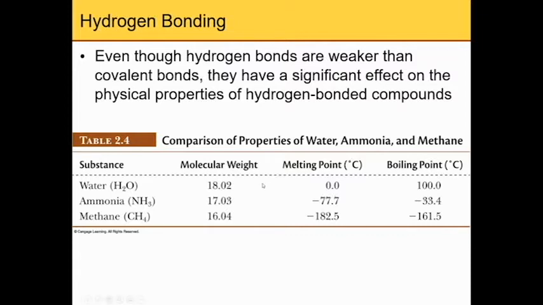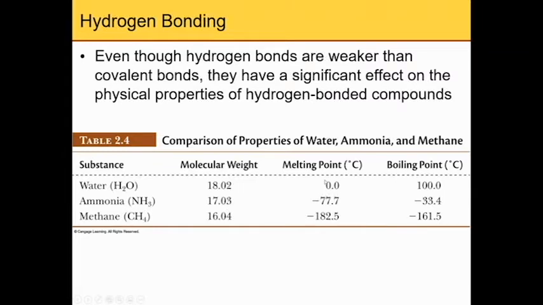So even though hydrogen bonds are weaker than covalent bonds, they have a significant effect on the physical properties of the hydrogen-bonded compound. If you compare water, ammonia, and methane, they have similar molecular weight, but the melting point and boiling point of water are much, much higher than ammonia and methane, all right?